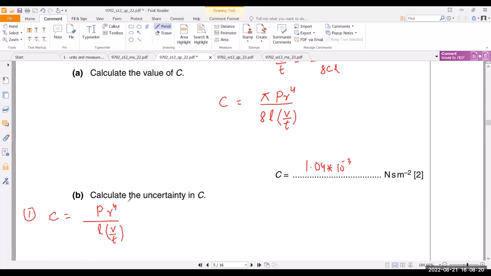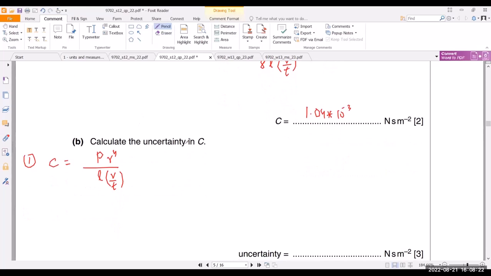Second step: whatever the formula is, whether the variables are being multiplied or divided, you are going to calculate the percentage uncertainty first. You are going to add all the percentage uncertainties of the variables.